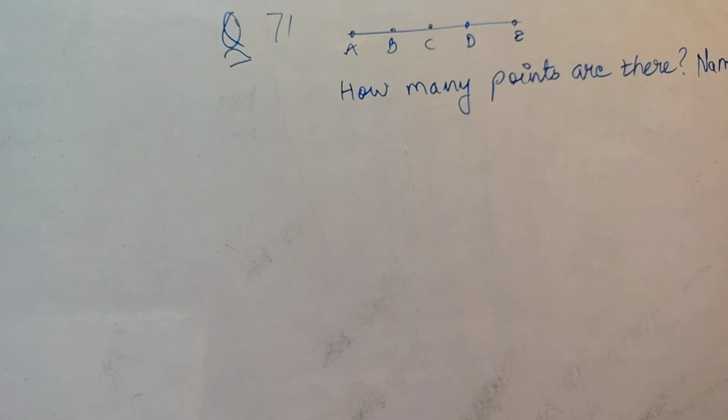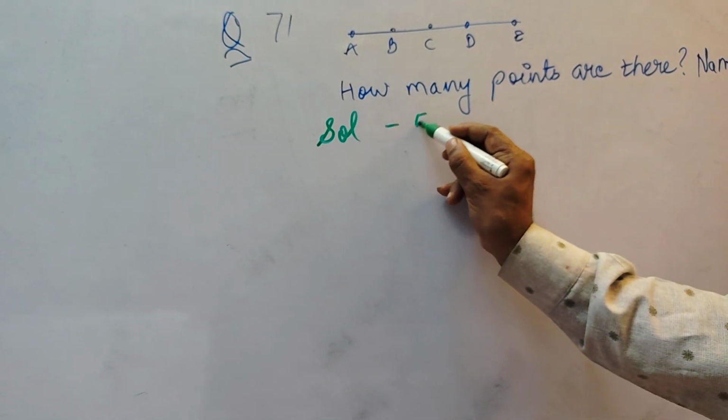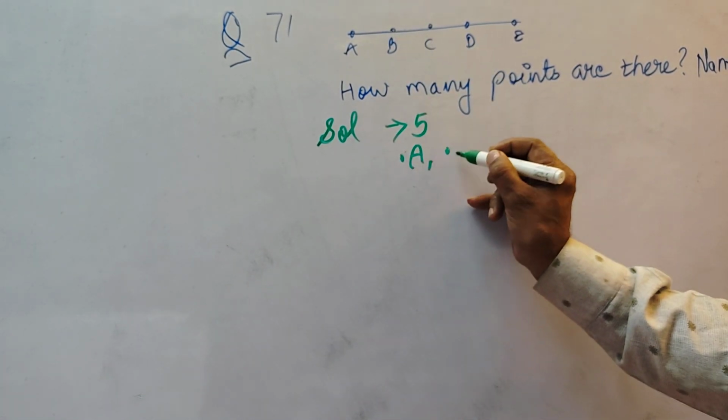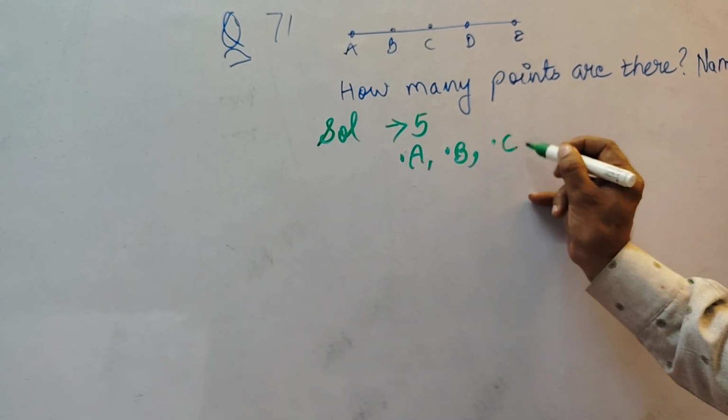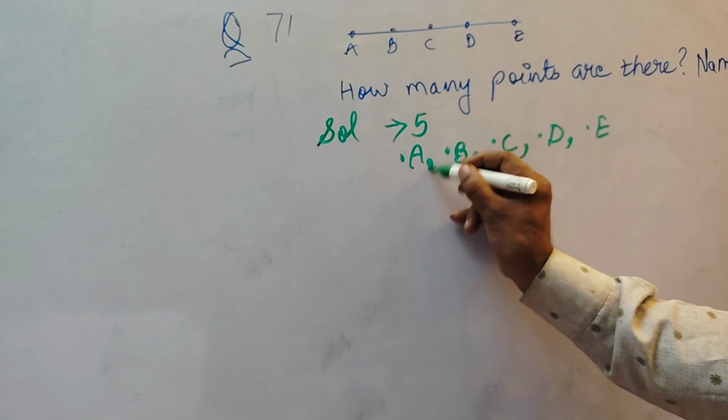In 71, you wrote this one correctly. There are 5 points, and the names are point A, point B, point C, point D, point E.